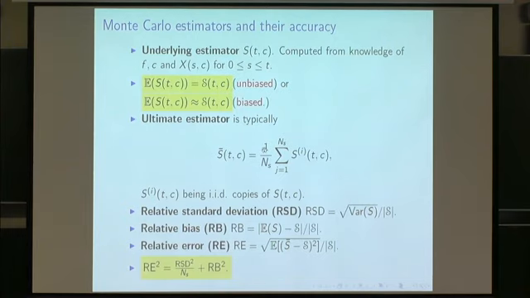And if it's a biased estimator, the relative bias, and then the relative L2 error of this ultimate estimator. This is the final quantity that we are interested in. We want to make that small. So you can write the relative error squared of it in this way.